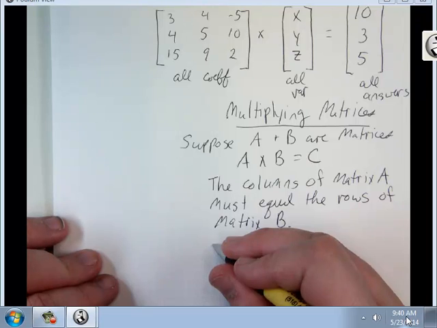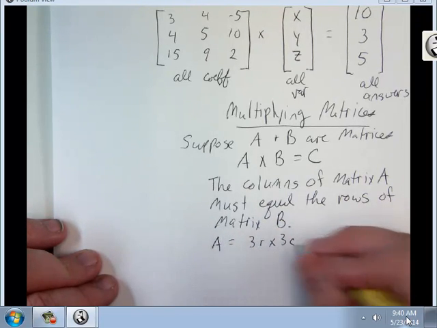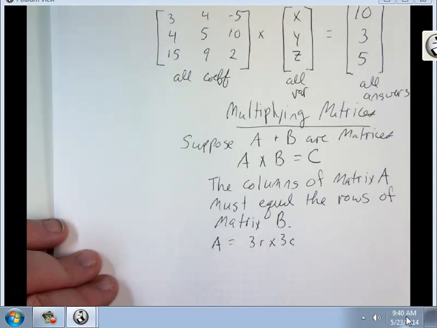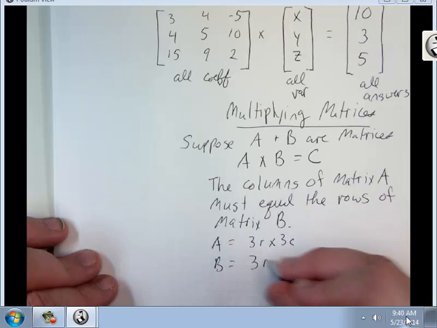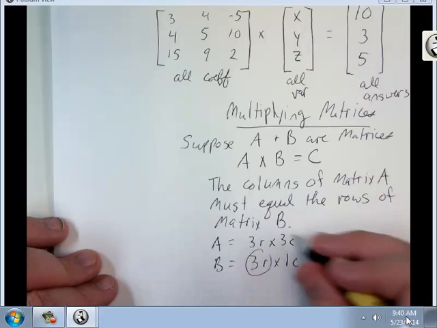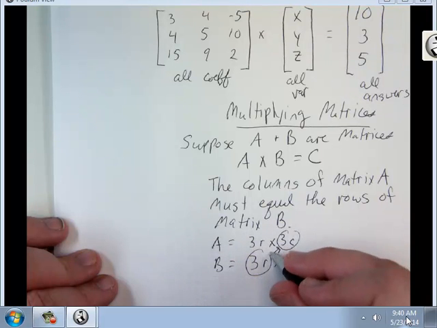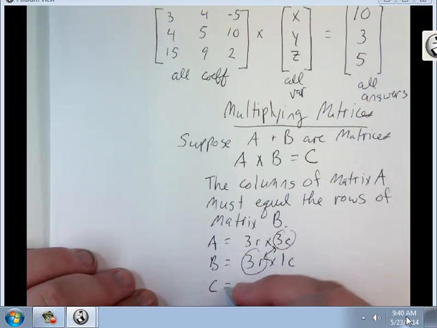A was 3 rows by 3 columns. B was 3 rows by 1 column. Those equal. So C is going to have 3 rows and 1 column.